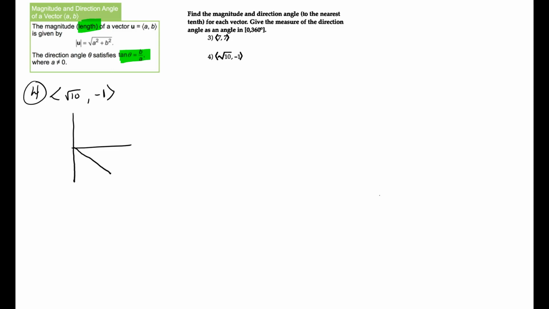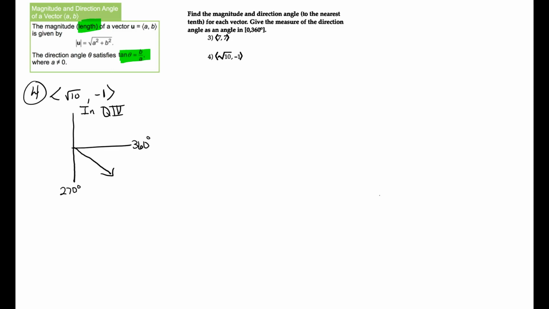It's somewhere down here because it's positive in the horizontal but negative in the vertical. So we know this is somewhere between 270 and 360 degrees because we are in quadrant 4, so Q4.